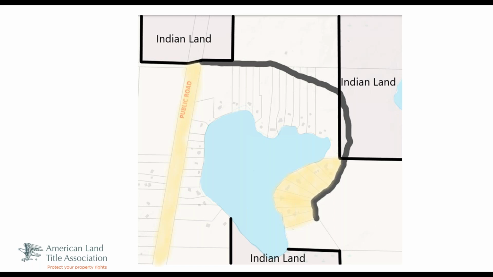Remember that I said that one of the rights tribes have is the right to exclude. That means that if you do not have permission to be on Indian land, you're in trespass. Just like if somebody used your land without your permission, either to put a road over or a fence or a wall, that person would be encroaching on your land and would be subject to a claim of trespass.